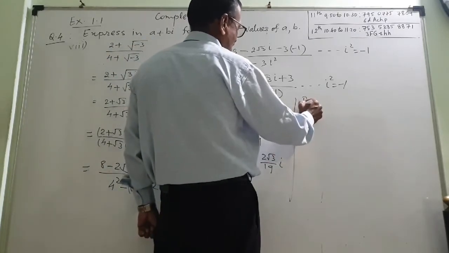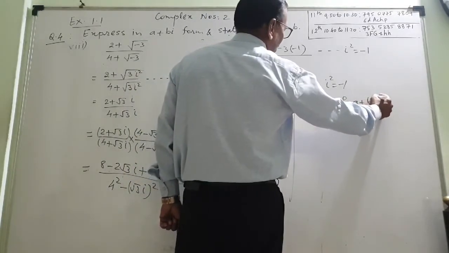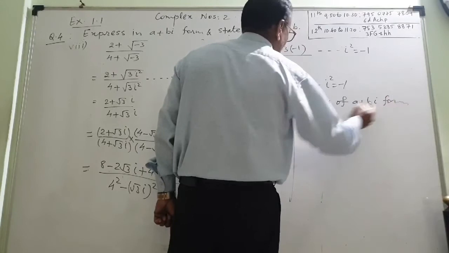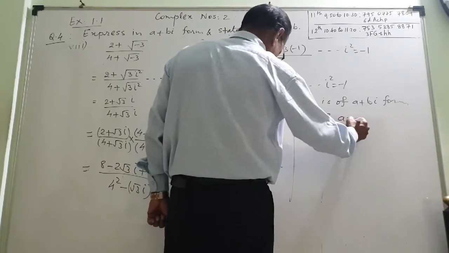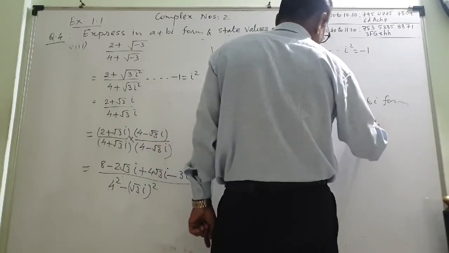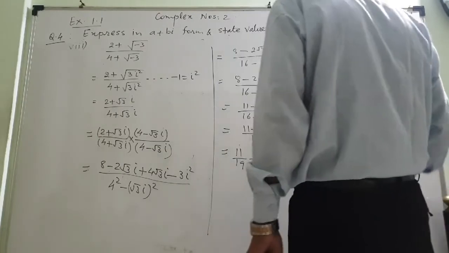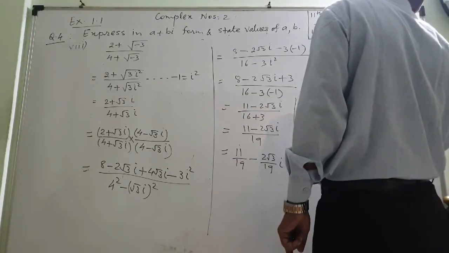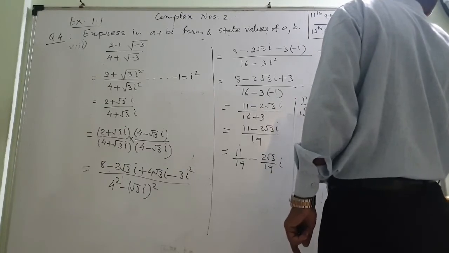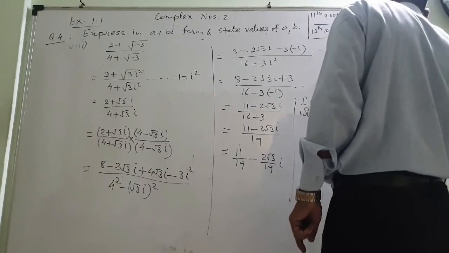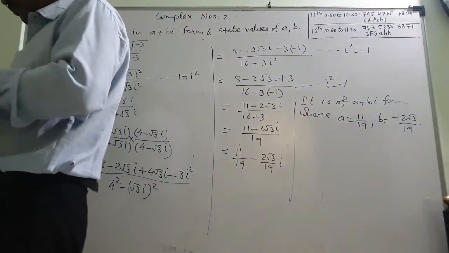It is of the form a plus bi, where a equal to 11 upon 19 and b equal to minus 2 root 3 upon 19. So this way, this question is also wrong.